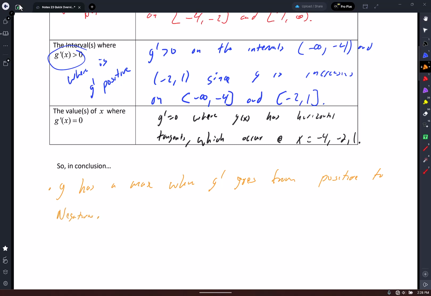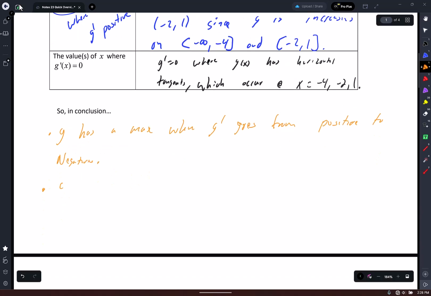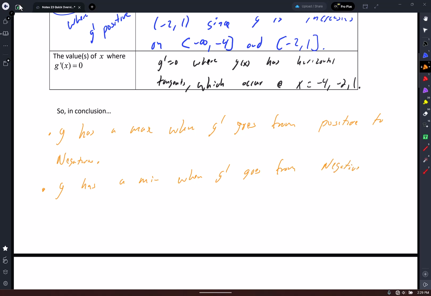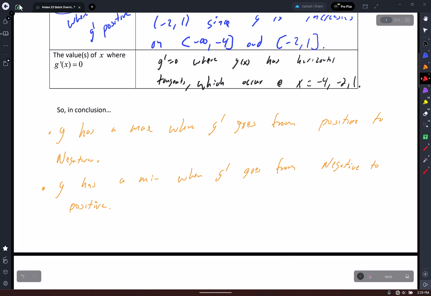First bullet, another bullet: g has a min when g prime goes from negative to positive. How are we feeling right now, guys? Nothing crazy, right? Okay. Let's go to the next page.